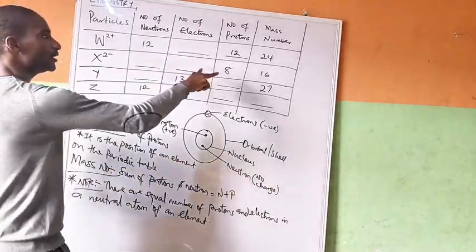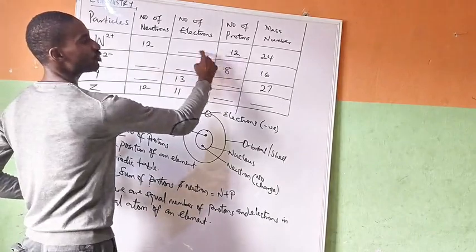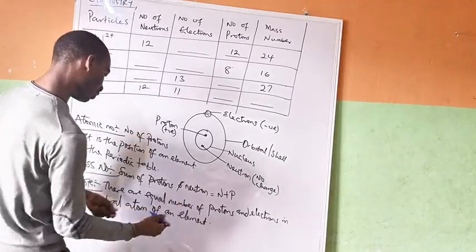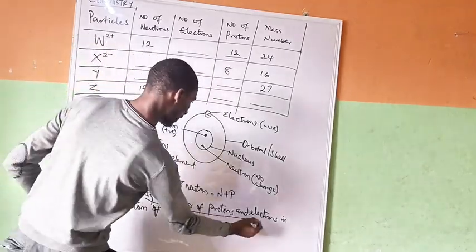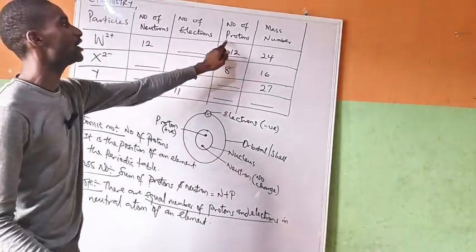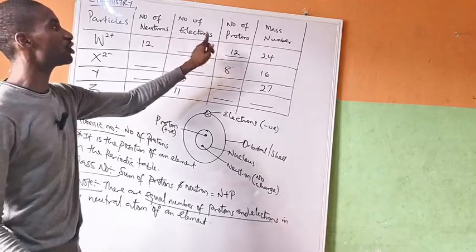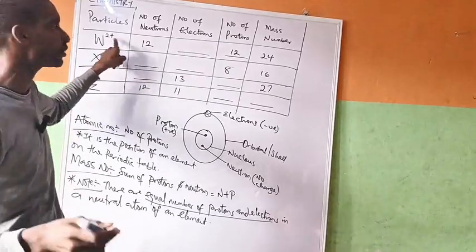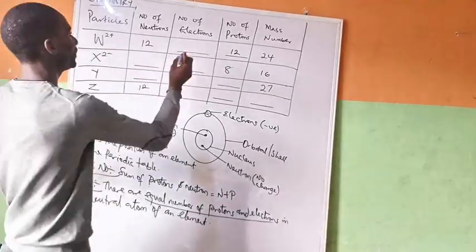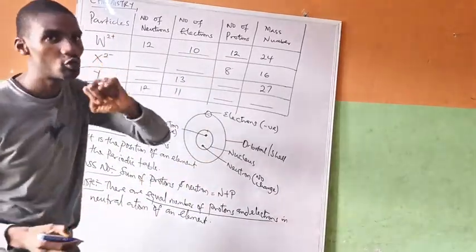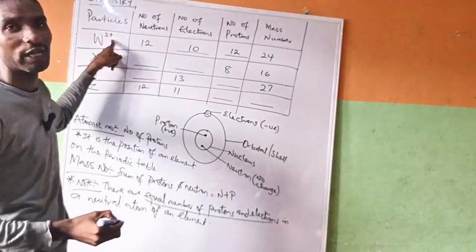Originally, there were meant to be equal numbers of protons and electrons in a neutral atom. So originally, this had 12 protons and 12 electrons. But because it has now given out 2 electrons, the number of electrons here will be 10, because it's deficient in 2 electrons.